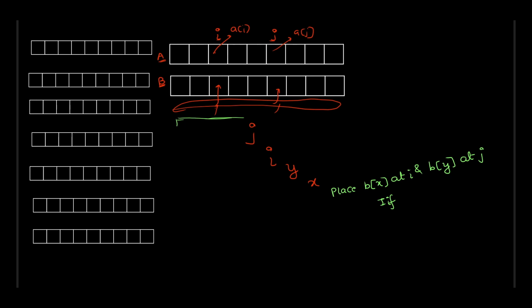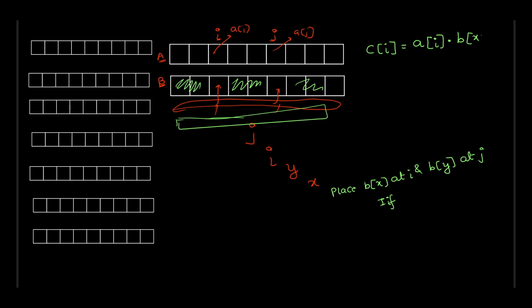We don't care about the elements that are not part of the pair, so we only care about ci and cj. ci would be ai times b of x, what you placed at the ith location, and cj would be a of j times b of y.